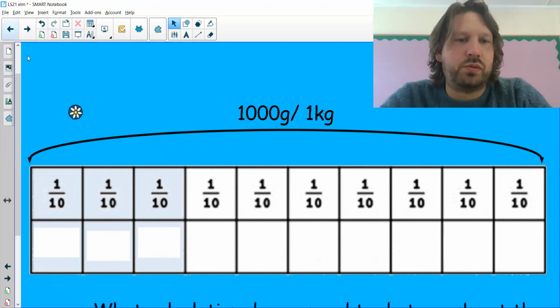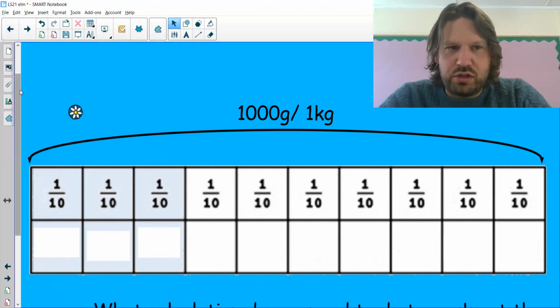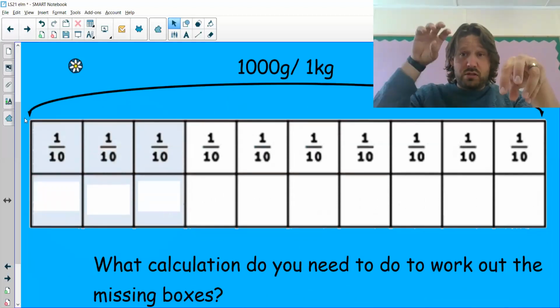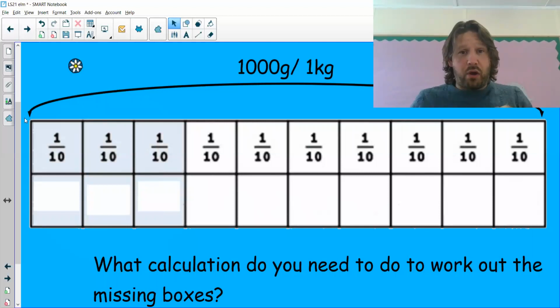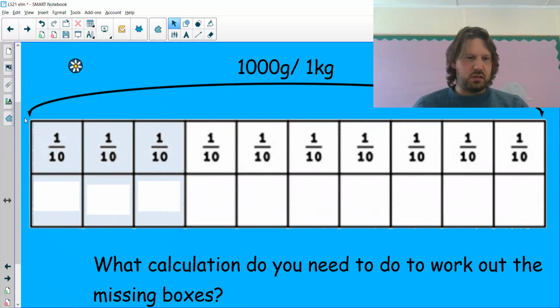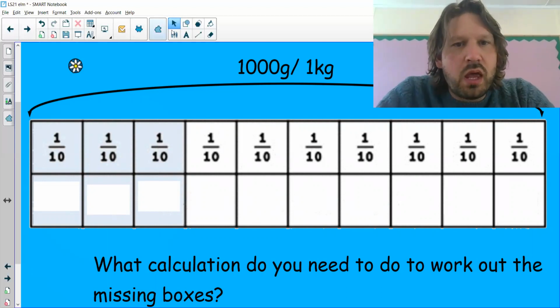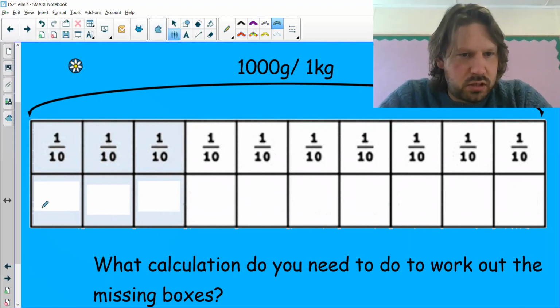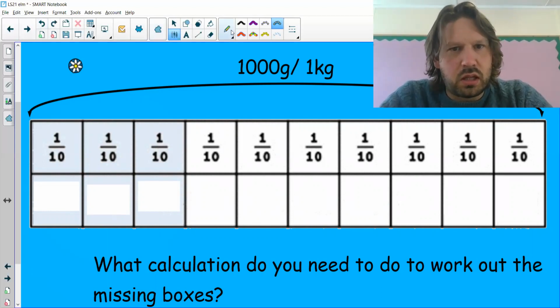Now, what we've got to do, just like last time, just like with the boats, where we were putting them all into different boats, we've got to divide our 1,000 grams equally into all these boxes. So what we could do is we could get the pen and we could do 1.